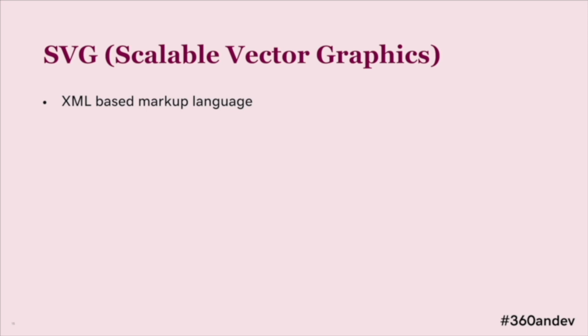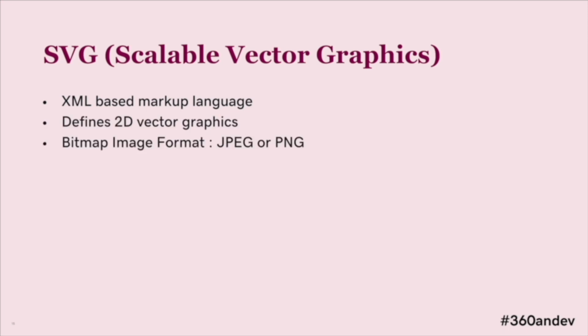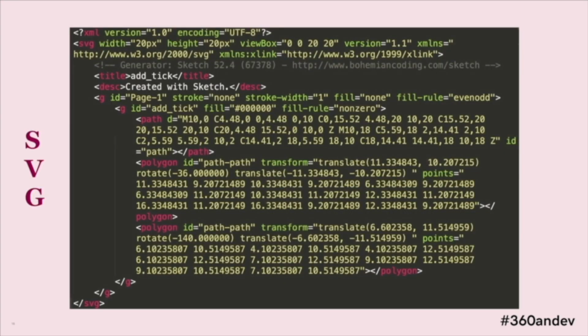It's an XML-based markup language which defines 2D vector graphics, and in comparison to bitmap image formats like JPG or PNG, SVGs can be rendered at any size without loss of quality. This is how a basic SVG file looks. We have a title, description, we have groups, and we have paths under groups, and some shapes, and so on.